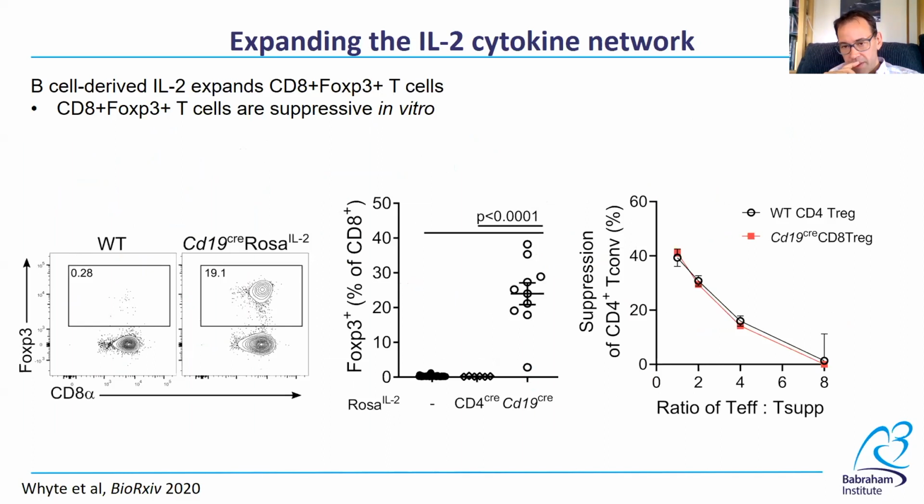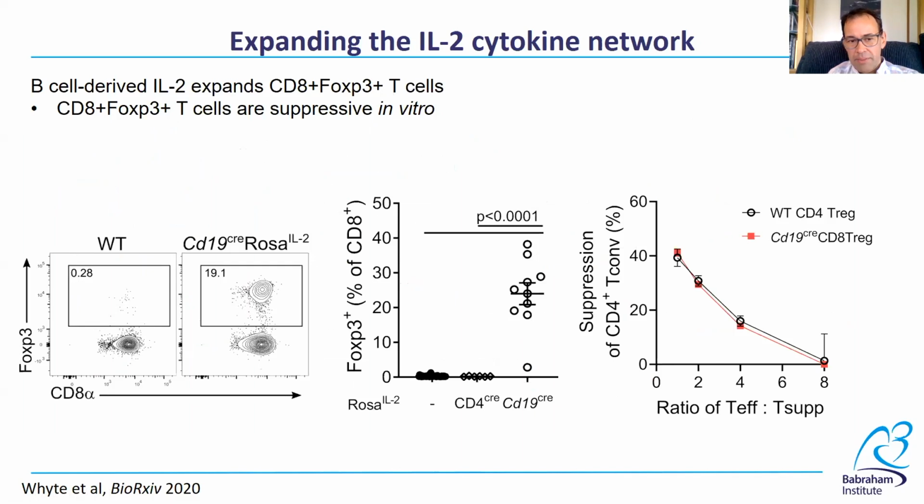So this brings me on to the final aspect of this story, which is the CD8 regulatory T cells, the FOXP3 positive, CD8 positive cells. Now this population is very, very rare, 0.1 to 0.3% of CD8s express FOXP3. It's been noted a few times, but they're almost impossible to study because they're just so incredibly rare.